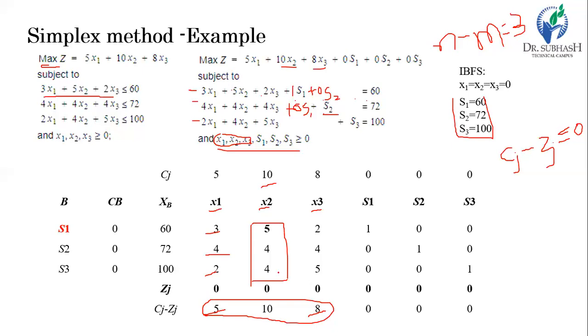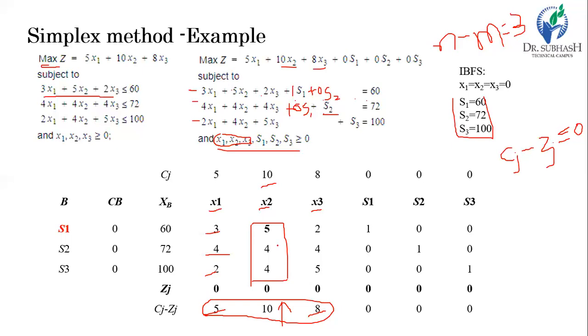After finalizing the entering variable, we must go for the outgoing variable, because we cannot enter x2 unless we replace one of the variables from these three.